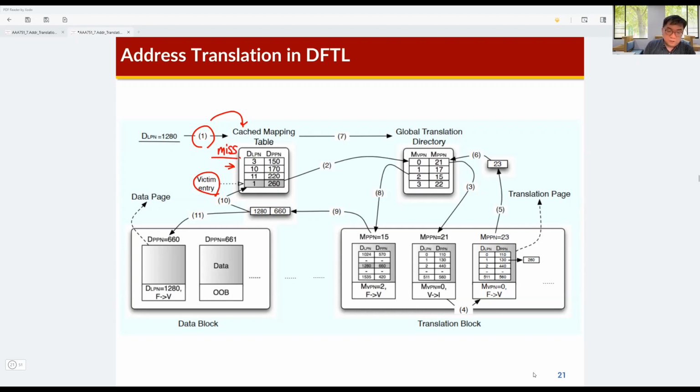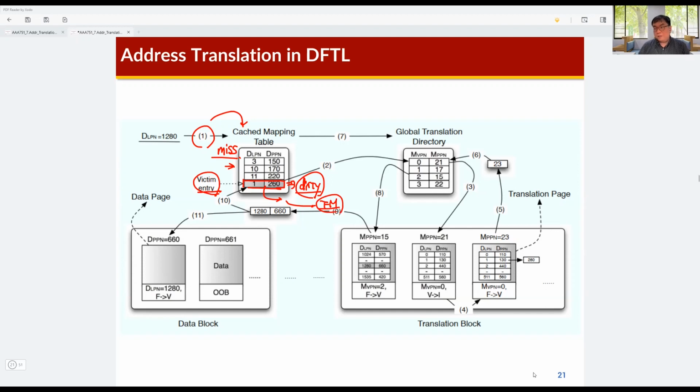So first we need to select a victim. This is the selected one, and this victim is dirty. So the victim should be evicted from the cached mapping table, and since it is dirty, this information should be updated to flash memory.